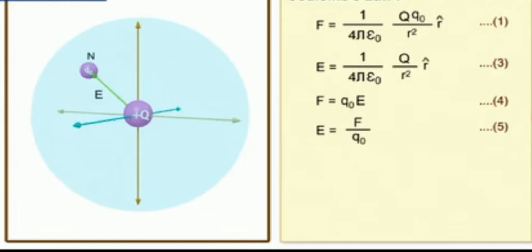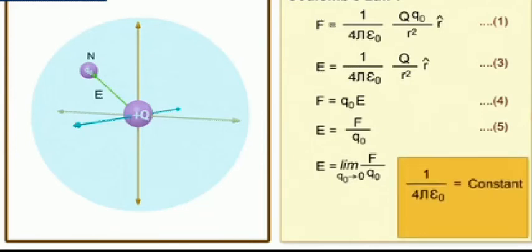Hence, at point n, we write the electric field strength E is equal to F by q0, limit q0 tending to 0, for a given distance r from a source charge q. The value of 1 by 4 pi epsilon naught is always constant, and hence E as given by equation 3 will also be constant.